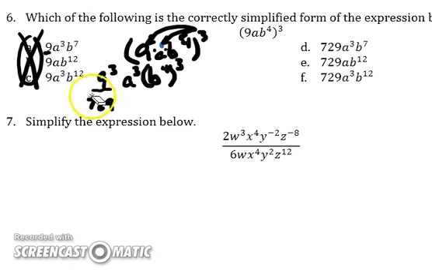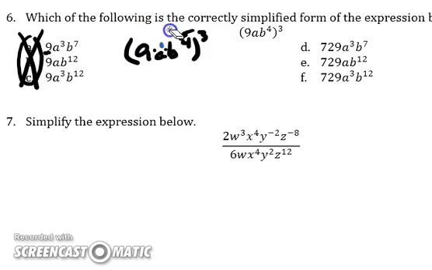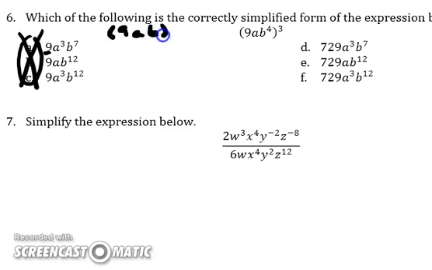Here's why this works. I'm going to go back up here, and I'm going to explain where this is all coming from. So let me just start over actually. Here's 9a, b to the fourth power, and then all of that is raised to the third power.